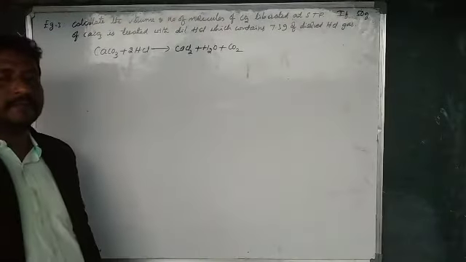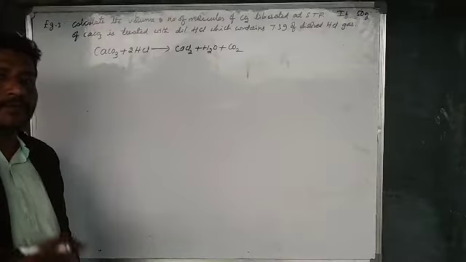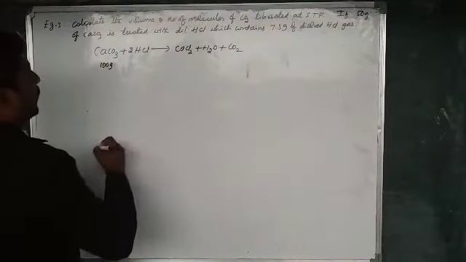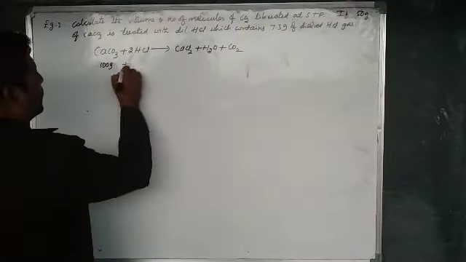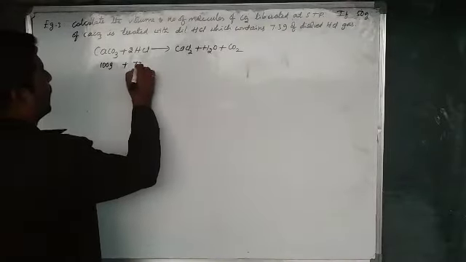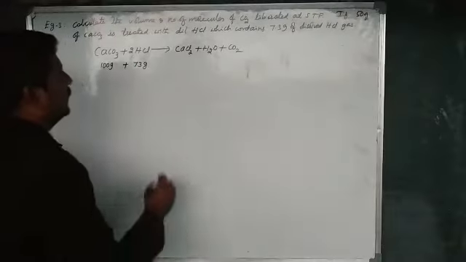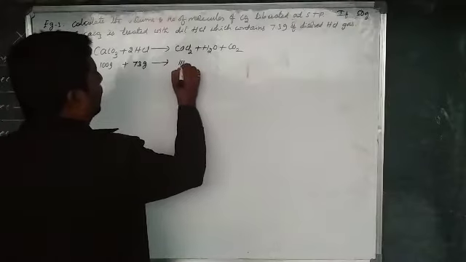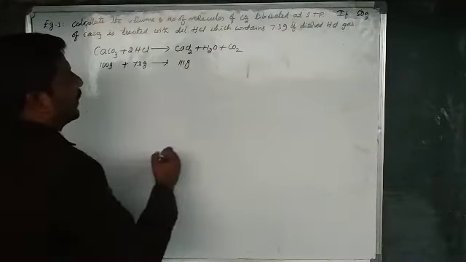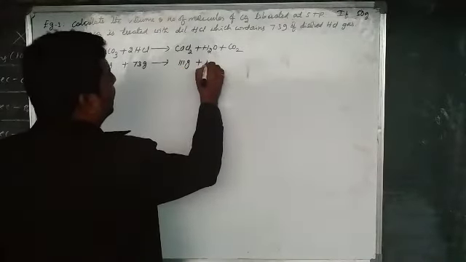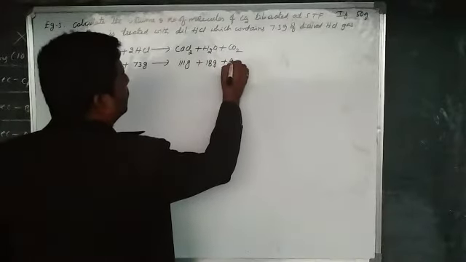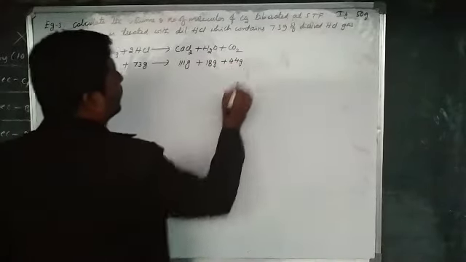When we find the unified mass of different substances, here 100 grams of calcium carbonate reacts with 73 grams of HCl, gives rise to 111 grams of calcium chloride plus 18 grams of water plus 44 grams of carbon dioxide.